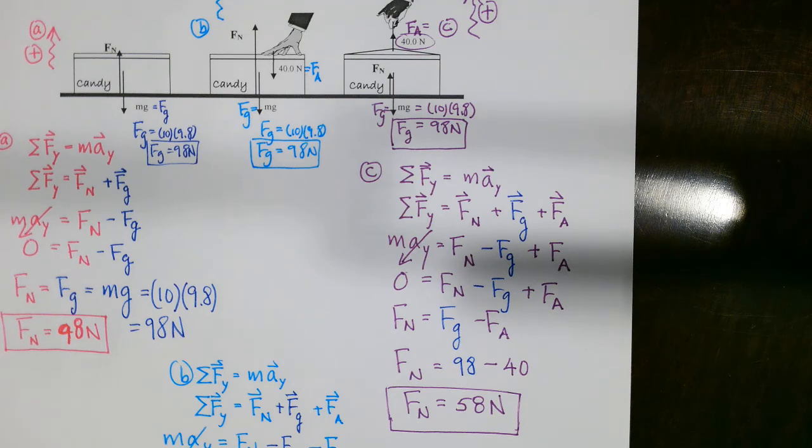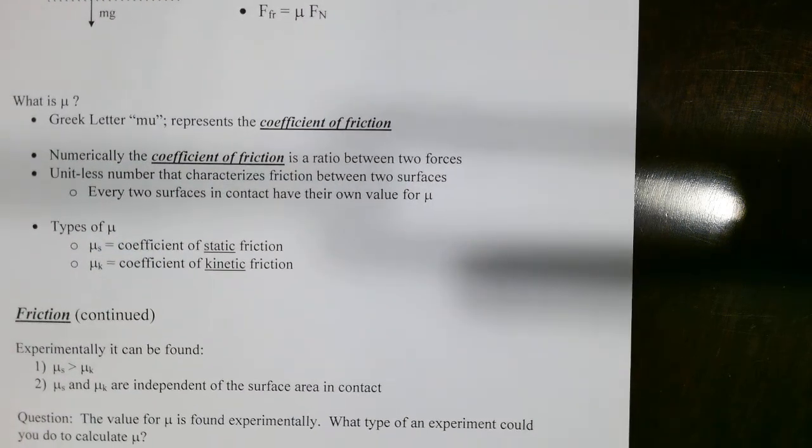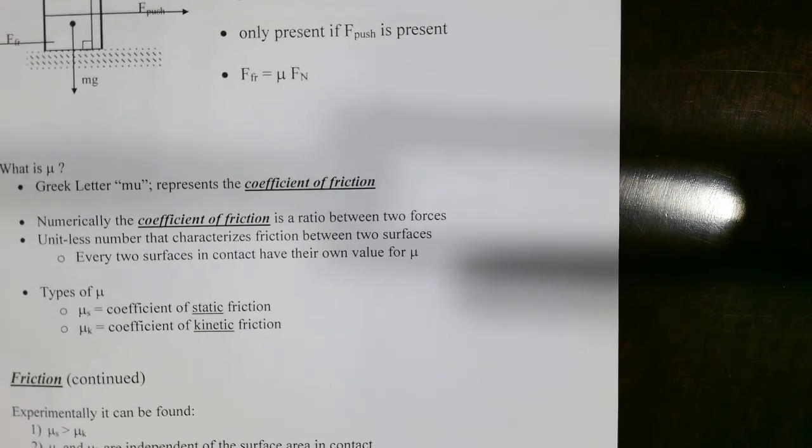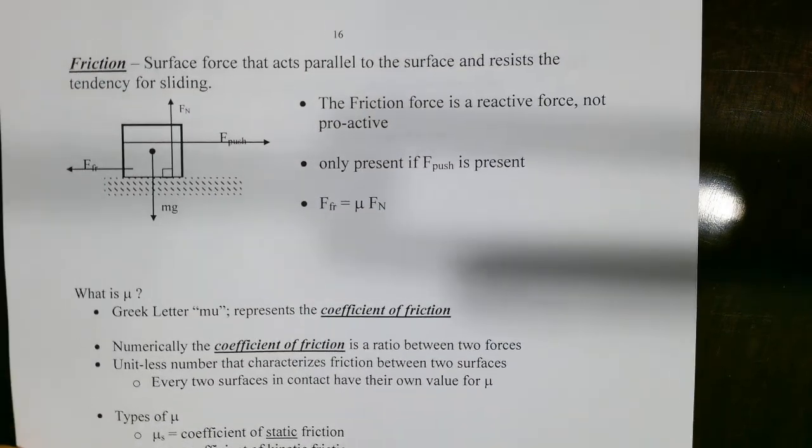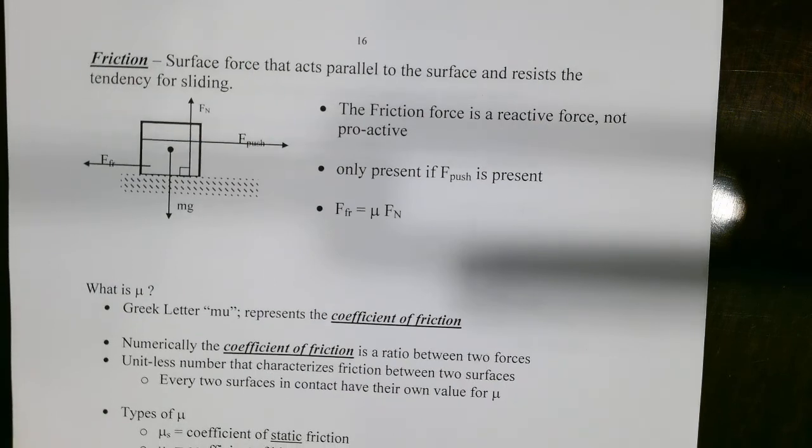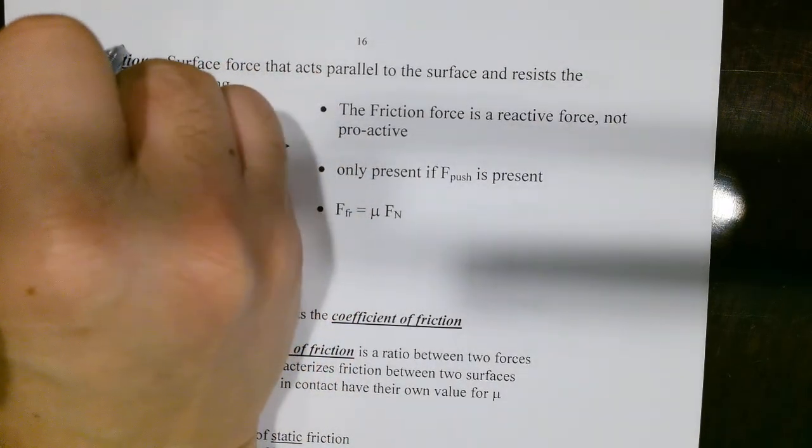Now let's take a look at page 16. Okay. For page 16, we have to understand another common force that we'll be using a lot and you should be familiar with. It's called frictional force.